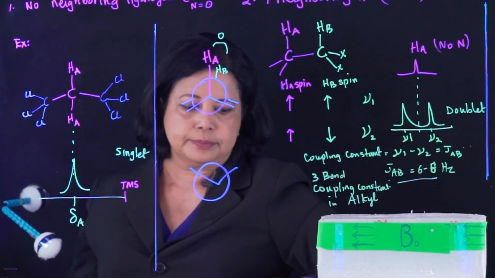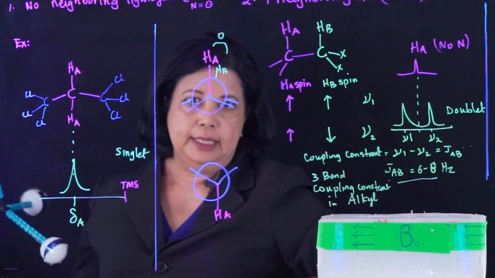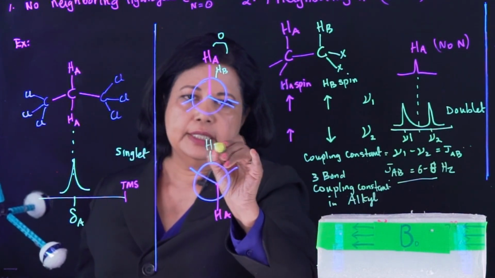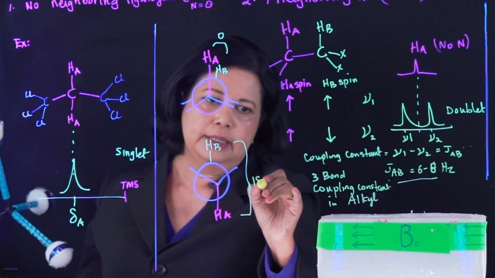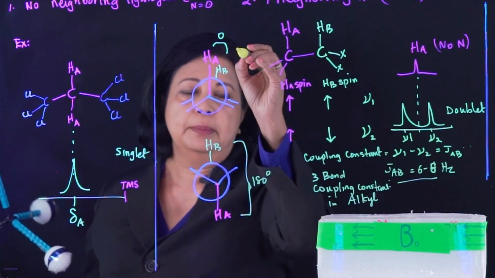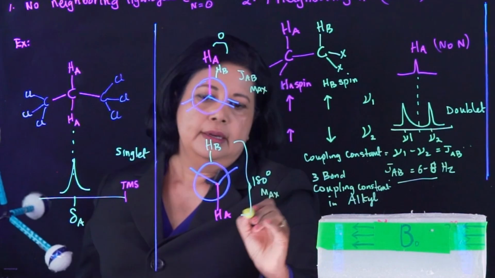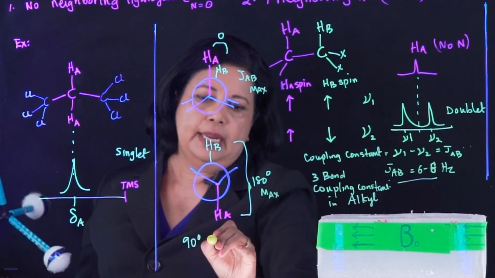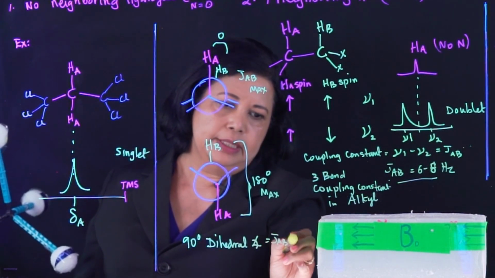And let me draw that out. HA and HB are 180 degrees apart. That's the maximum coupling, JAB max. A 90 degree dihedral angle would be JAB minimum, maybe 0.